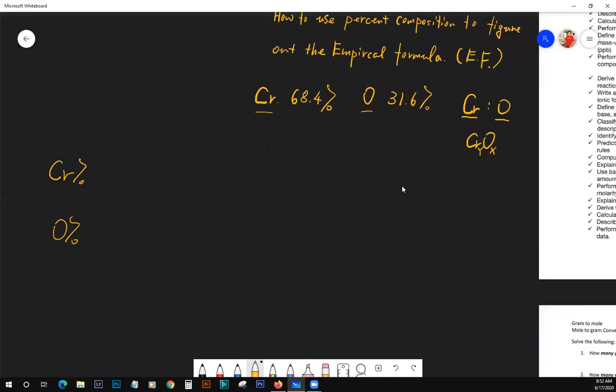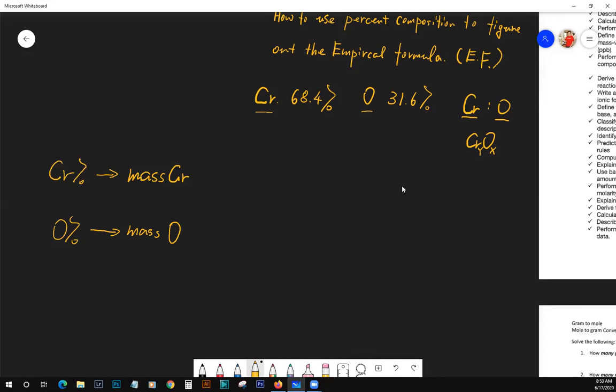You can convert the percentage to mass, which is just times 100. So 68.4% you can assume to be the mass of chromium, and you do the same thing for the mass of oxygen. You first figure out the mass of oxygen and the mass of chromium.